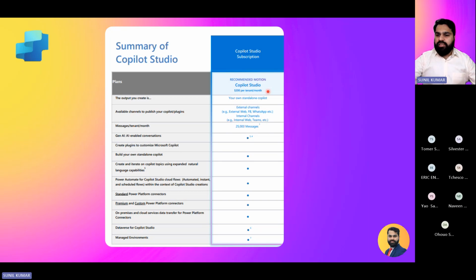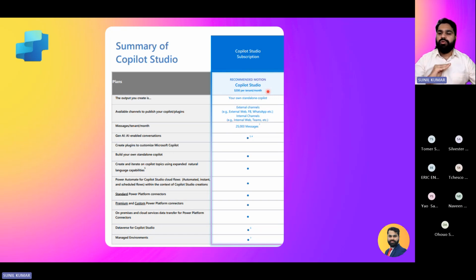Those are $0, just needed to be allocated to the users who are going to access Copilot Studio, or the custom copilots built using it. For example, in my organization, I have 500 such users who would be accessing the custom copilots. In that case, I will procure 500 Copilot Studio user licenses also, which are $0, no cost.